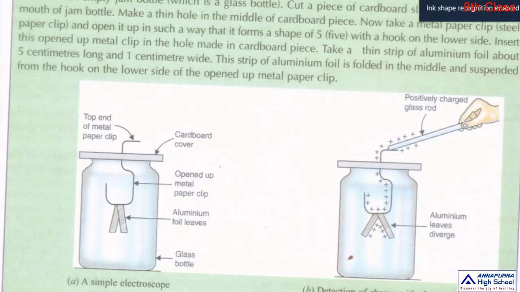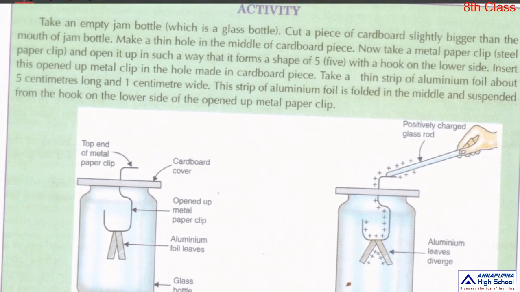Then how to know whether the charge is present on a rubbed body or not? We use a device. When an electrician repairs something in our homes, to detect the flow of charge, that means whether charge flows through a circuit or not, what is used by the electrician? A tester is used.